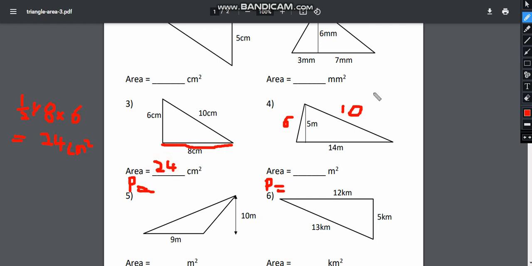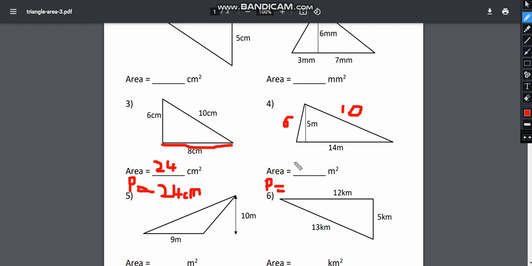And what is the perimeter of this shape then? If you were to walk around all 3 edges, 6 plus 10 plus 8, which is also 24. So in this case, just by coincidence, the perimeter is the same as the area.